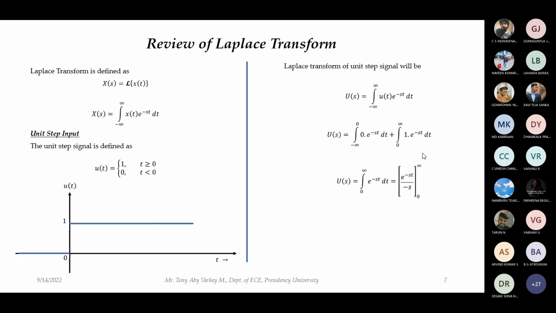Now if I substitute t equal to infinity, what is e to the power minus infinity? It is 0. And what is e to the power 0? It is 1. So I get minus 1 by s into (e to the power minus s infinity minus e to the power minus s 0). As you told, it is minus 1 by s into (0 minus 1), which is 1 by s.